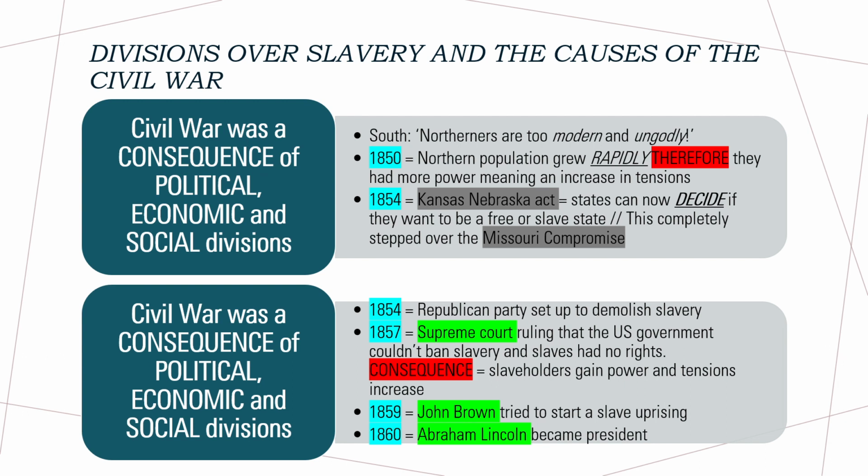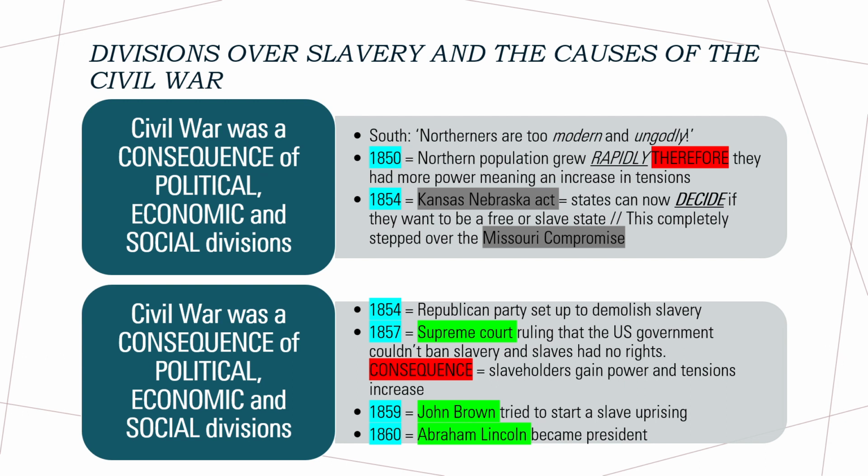In 1854 as well, the Republican Party, which was the party against slavery, set up to demolish slavery. However, in 1857, the Supreme Court said that the US government could not ban slavery and that slaves had no rights. A consequence of this is that slaveholders had power, and tensions were steadily increasing because of this.